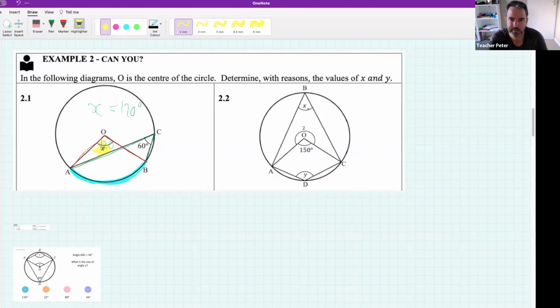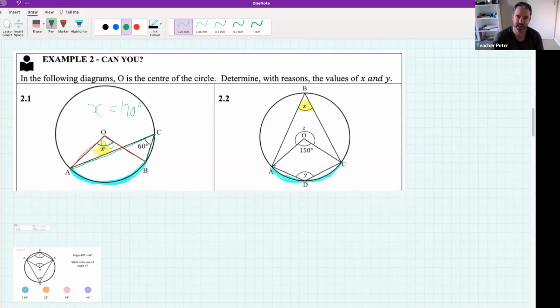Let's now go. Can you find the size of angle X in this one, in 2.2? What do you think that is? Again, you can see that arc that's going here, and then the angle at the center is the 150, but the angle at the circumference is going to be half that, which is 75.